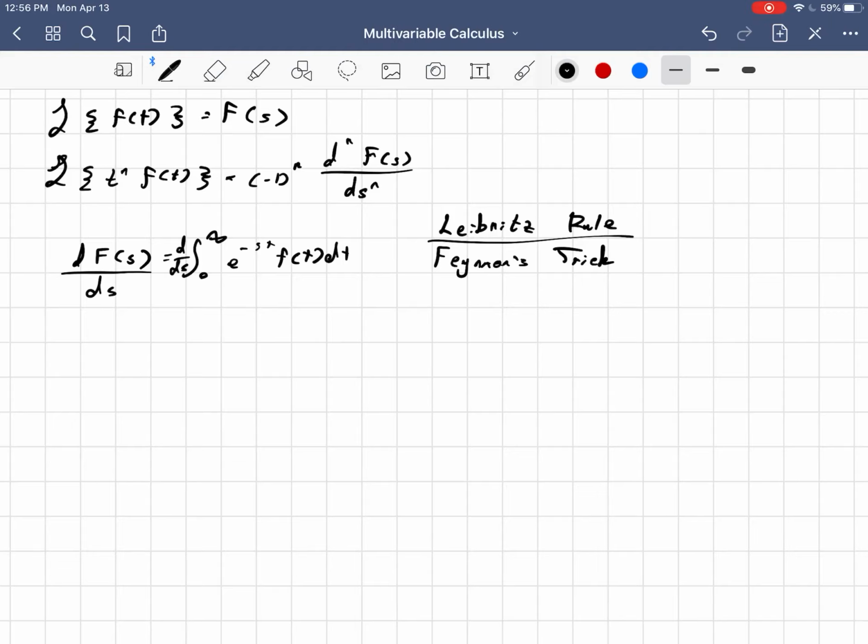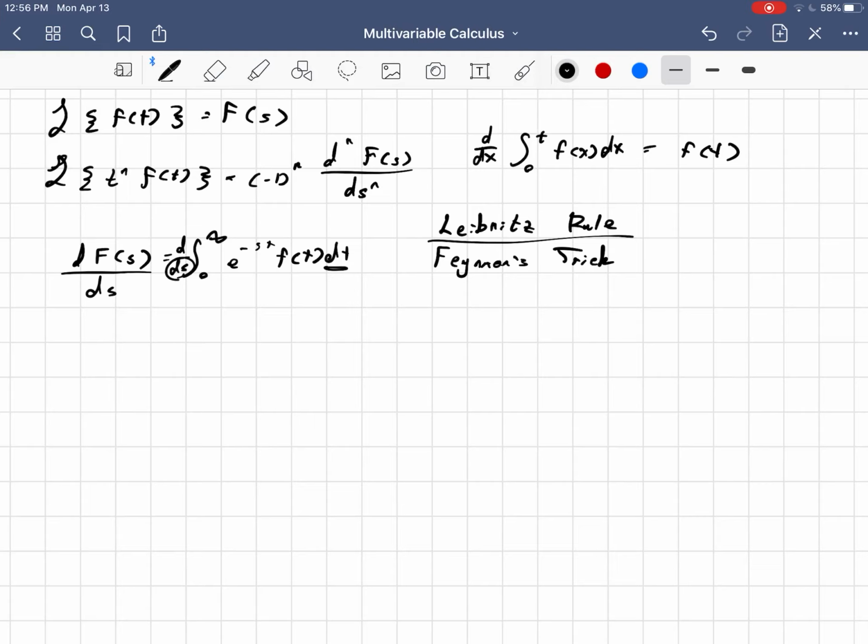It says if we're differentiating an integral, and the integral is with respect to another variable. See, here we're differentiating with respect to s, but the integral is with respect to t. So we can't just cancel out the derivative and the integral like we could before, where we had the integral from 0 to t of f of x dx, and we took the derivative with respect to x of that.